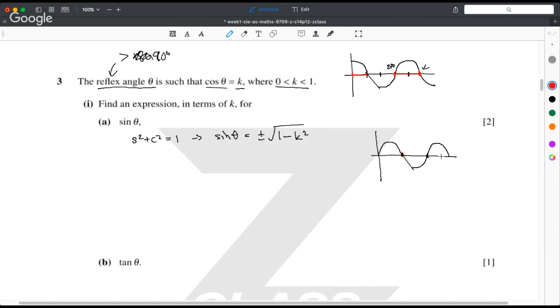So the region that we're interested in is this one here, and so we'll want to take the negative square root. So this is actually equal to minus the square root of 1 minus k squared.